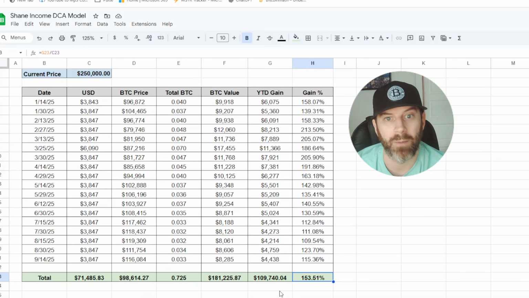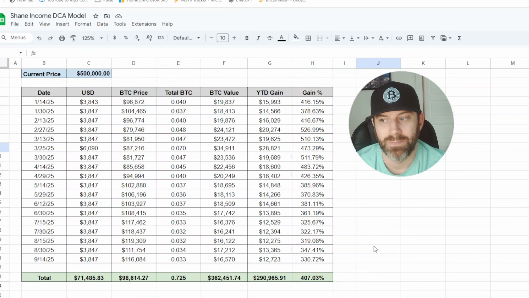Let's do it again. How about 500K Bitcoin? Same thing applies, right? My Bitcoin that I bought with each paycheck is the exact same, but the value of that Bitcoin is now worth a whole lot more. My gain that year, 2025, is now $291,000, or roughly 4x what I was actually paid.